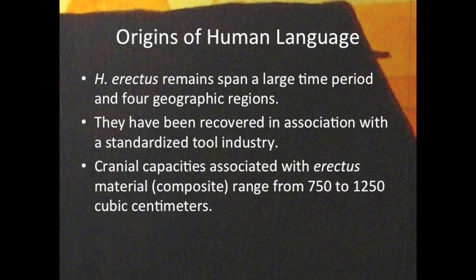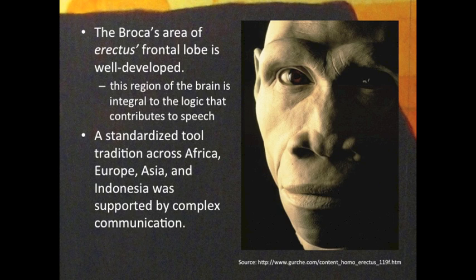However, it's on the lower, smaller end. When we look internally, at that endocranial surface, and we take a look at some of the endocasts of erectus brain material that have been recovered by geologists, physical geographers, and anthropologists, we have a little bit more to go by in terms of what erectus is doing in terms of communication.